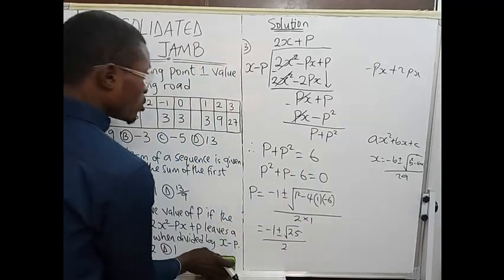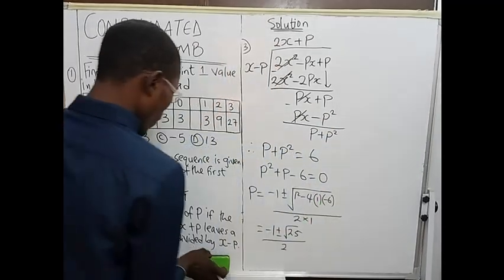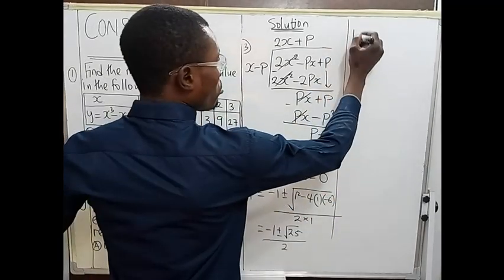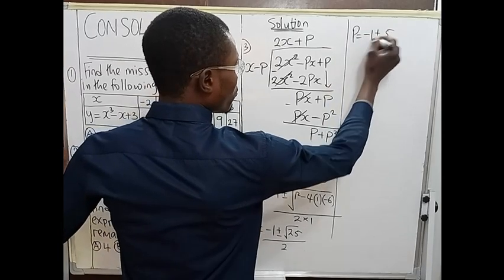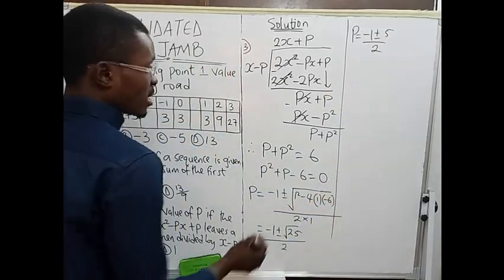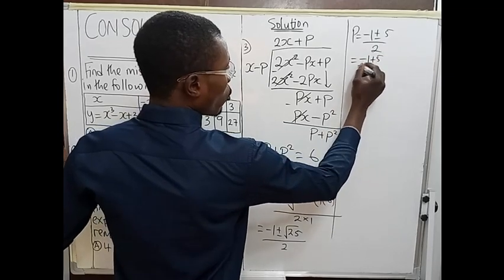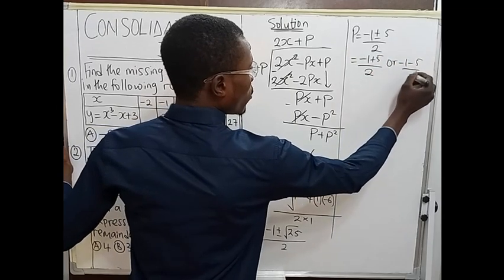Let me clean this part of the board. P equals minus 1 plus or minus 5 over 2. And that will be minus 1 plus 5 over 2, or minus 1 minus 5 over 2.